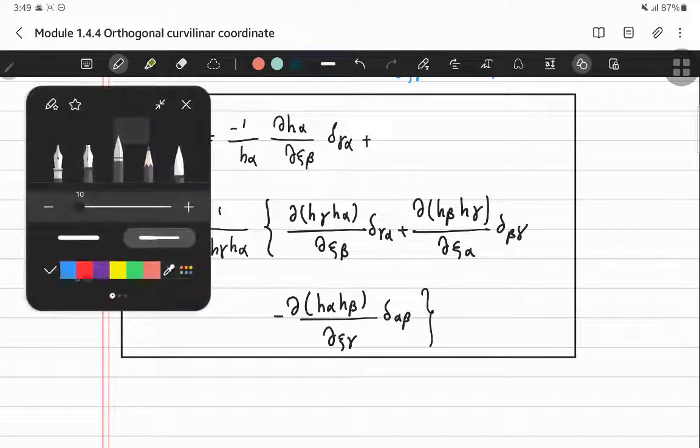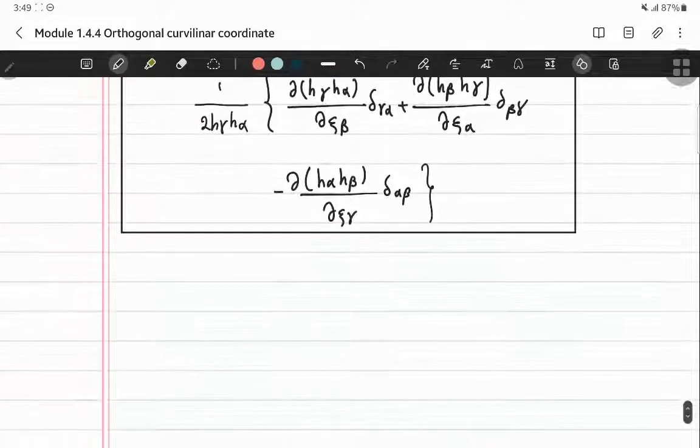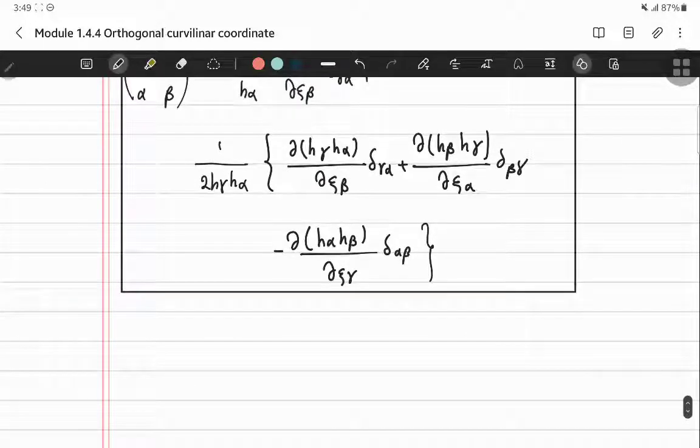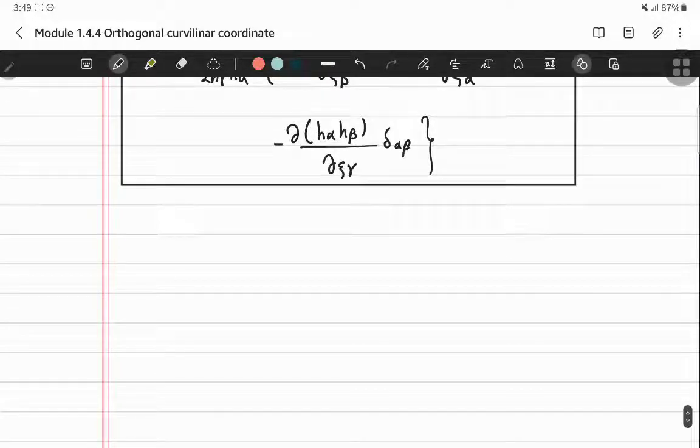So we can say that this Christoffel symbol for some cases is 0 and for some is not.